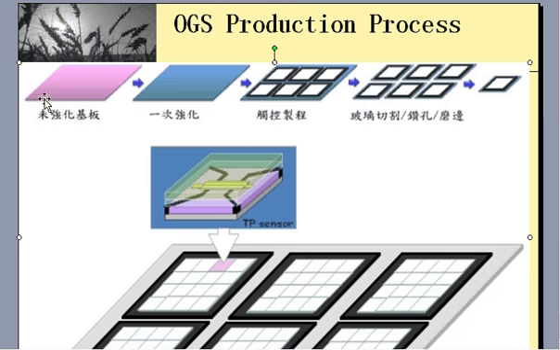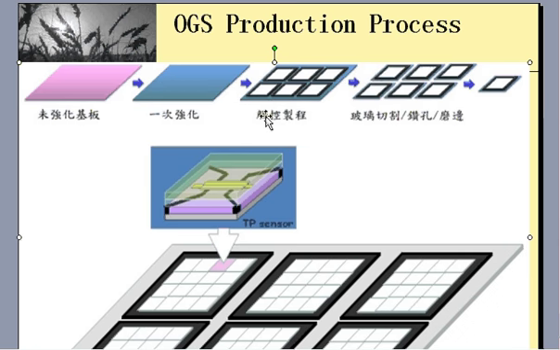First we have a normal glass, and then we will temper it. Normally we use chemical tempering to make it very strong, and to make it more than 3H hardness. For a cutting glass, normally it was 7H.